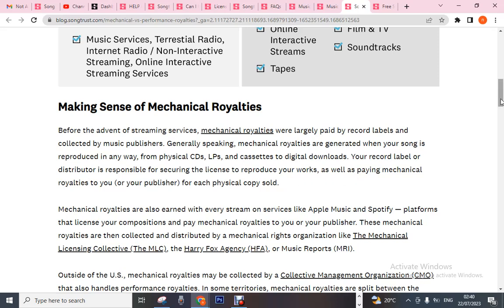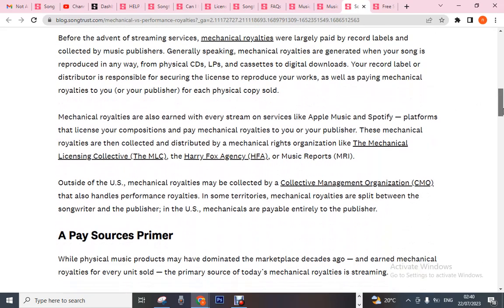So do you have a publisher, or are you a publisher by yourself? Because these days you can also register as a publisher. Mechanical royalties are also earned with every stream on services like Apple Music and Spotify, platforms that license your composition and pay mechanical royalties to you or your publisher.